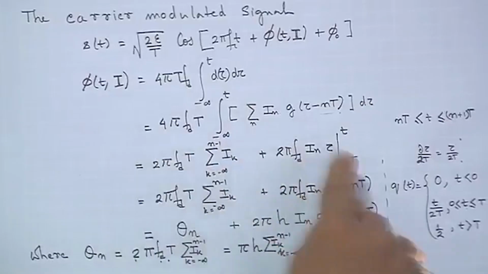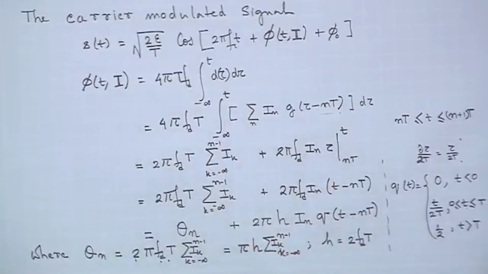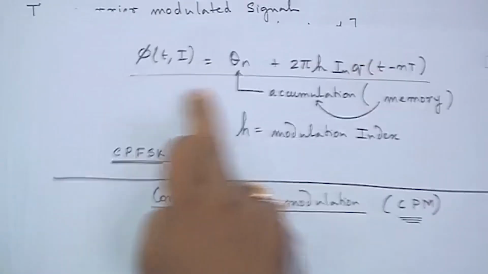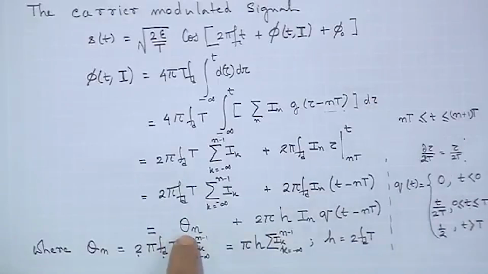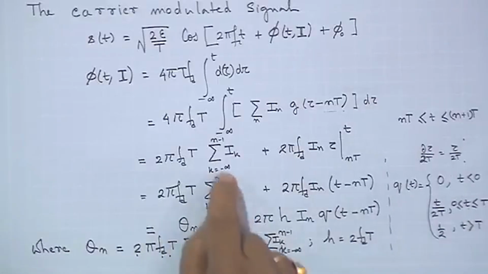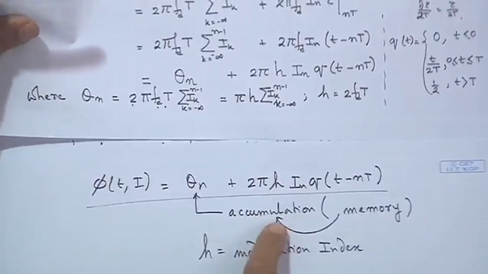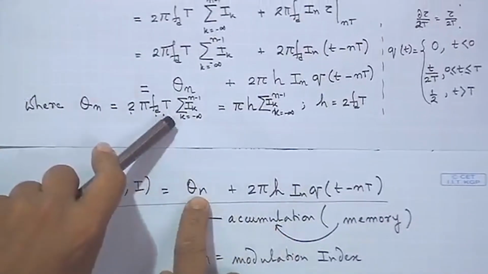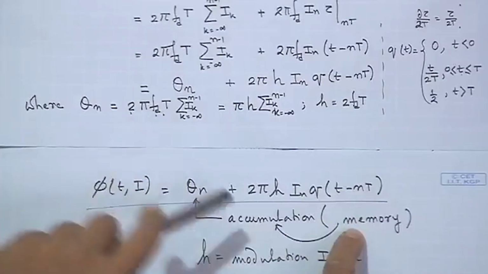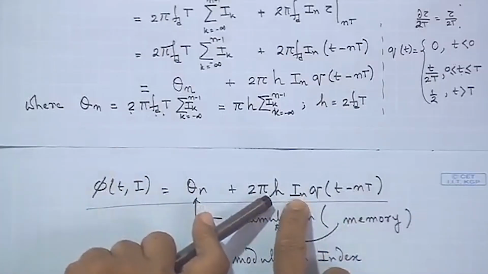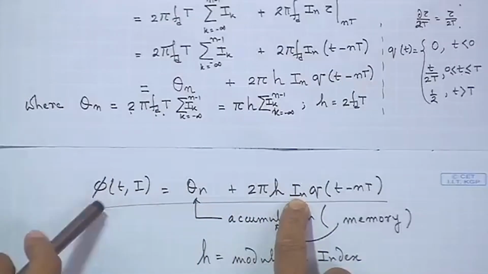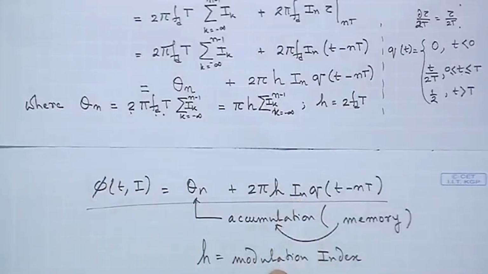We restructured the expression in such a way that we get a form which looks like this, and at the bottom of this page you could see theta n, which is the accumulation of the previous terms. Therefore, we have accumulated the previous information through this, which is the memory, and since this is controlling the amount of information that is used for choosing the phase, this is termed the modulation index.